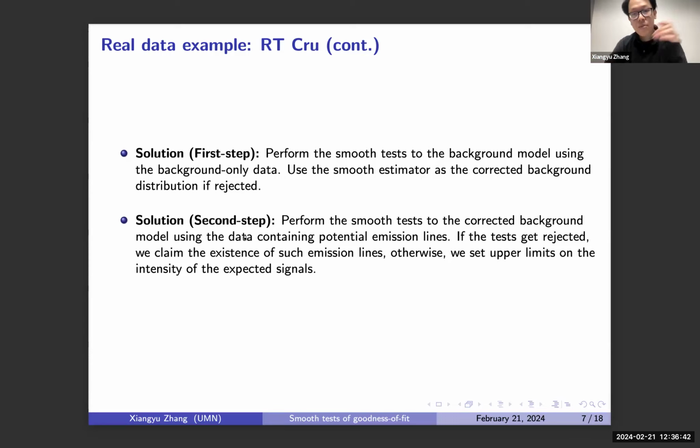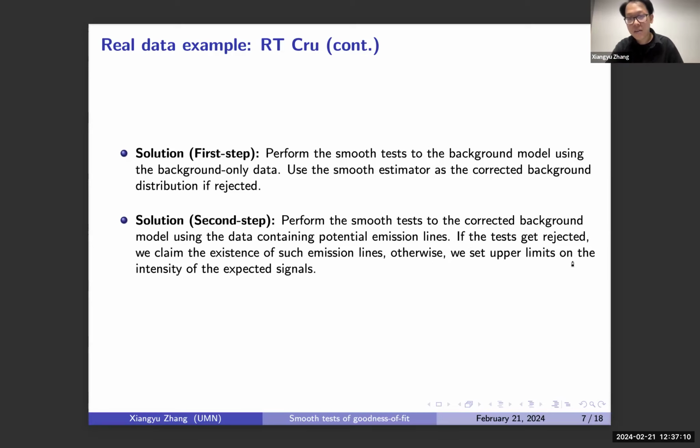For the second step, we perform the smooth test using our corrected background model, together with the data that potentially contains our emission lines. If the test gets rejected, we can claim that such emission lines exist, so that we can get the origins of the variability properties.